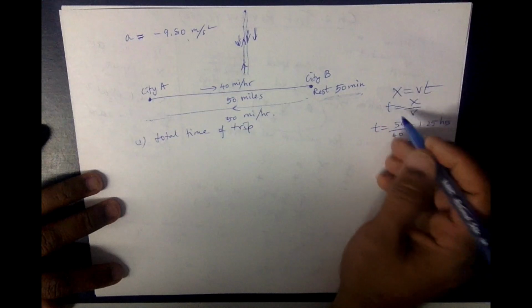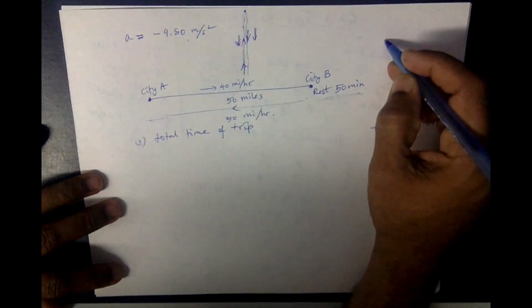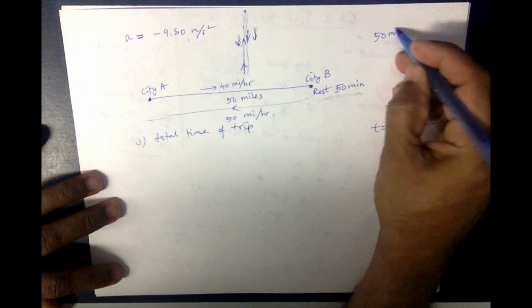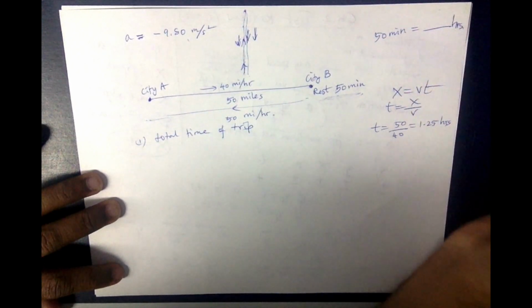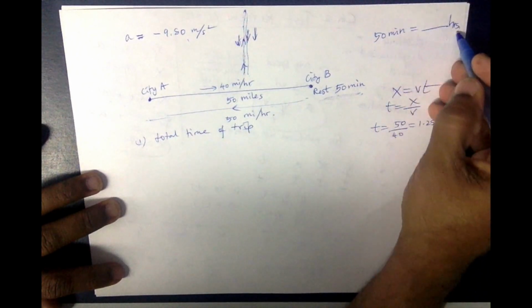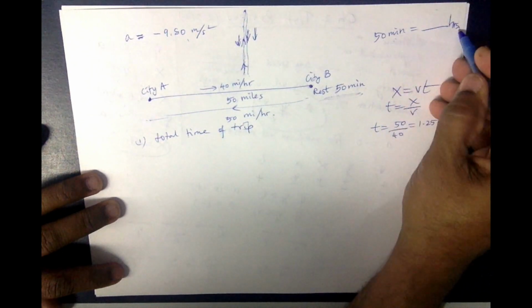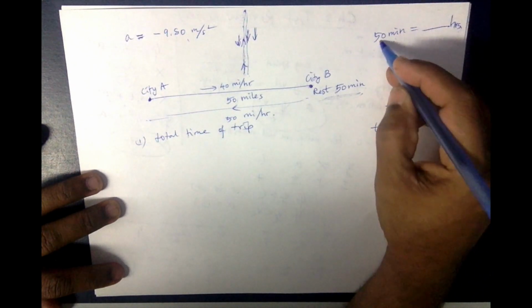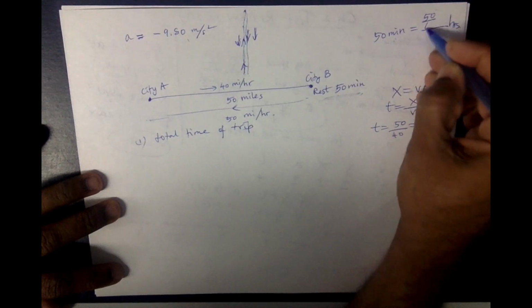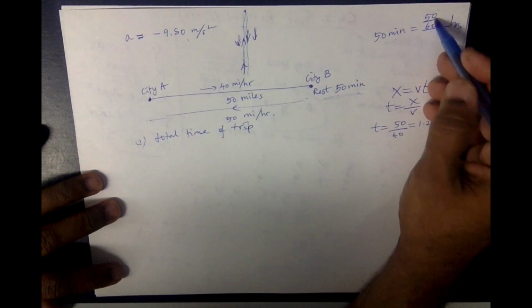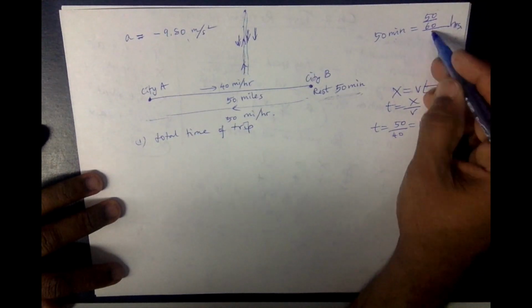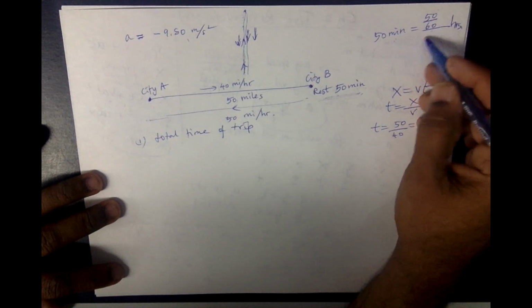So 50 minutes is how many hours? Minutes to hours, the unit is going bigger by 60 times. Therefore, the number has to go smaller 60 times. So 50 over 60, okay? So 50 over 60th of an hour. So that is going to be your time.